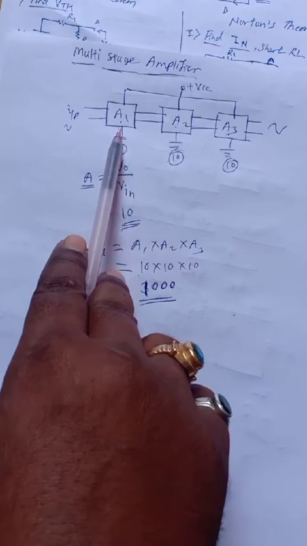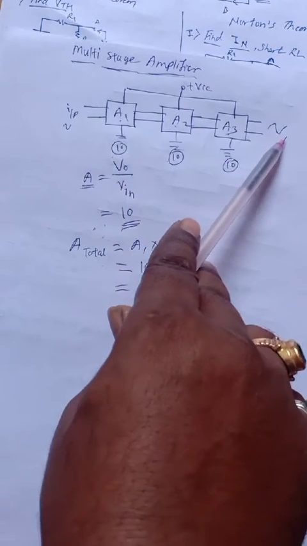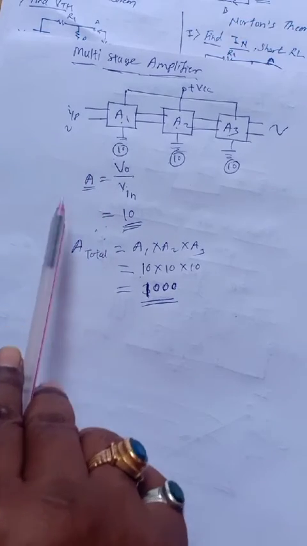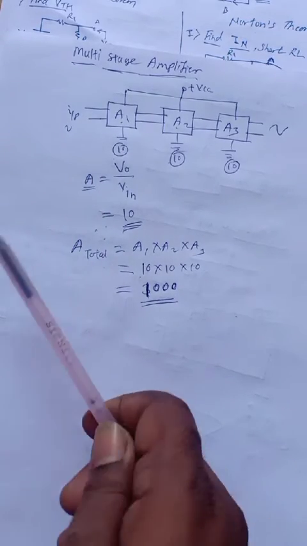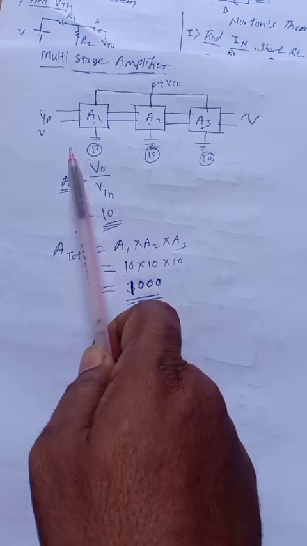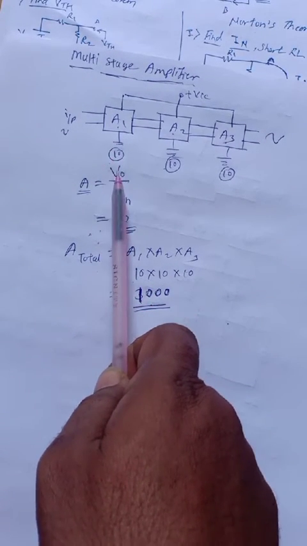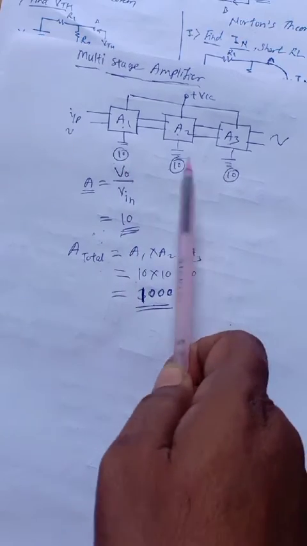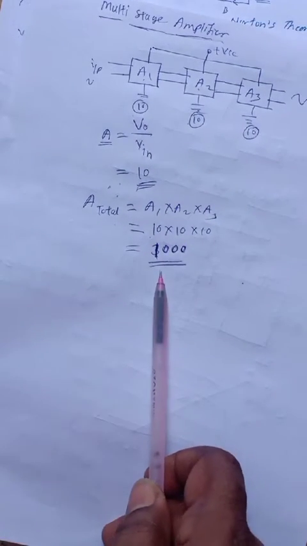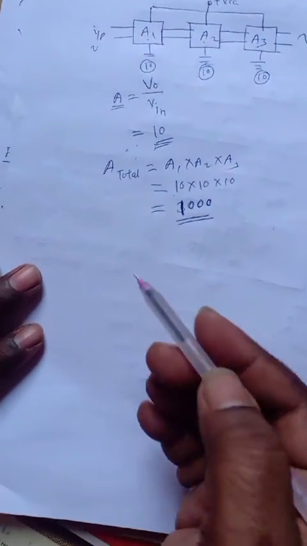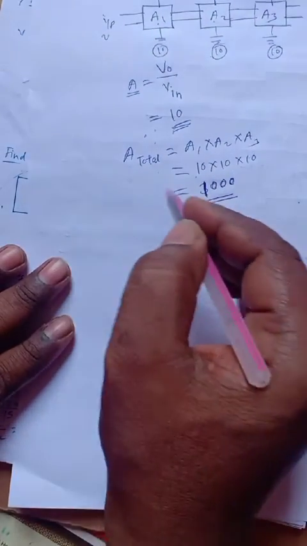So A1, A2, A3 get multiplied and we get the maximum output. This is the advantage of this multi-stage amplifier. There is only a simple 10 gain multiplication factor, and that gets multiplied and you get this tremendous increase in gain. So this gain is a multiplication factor.